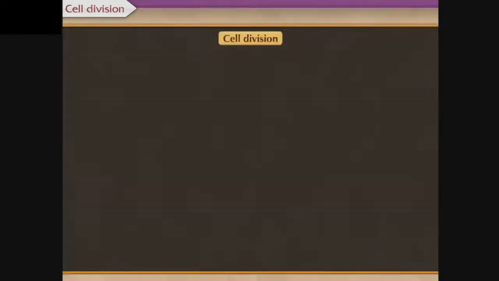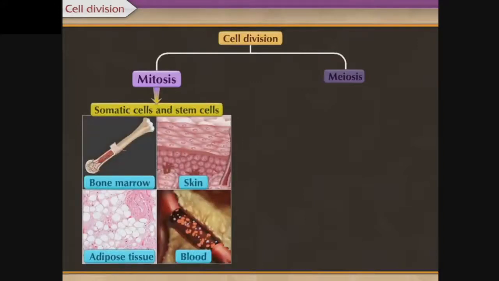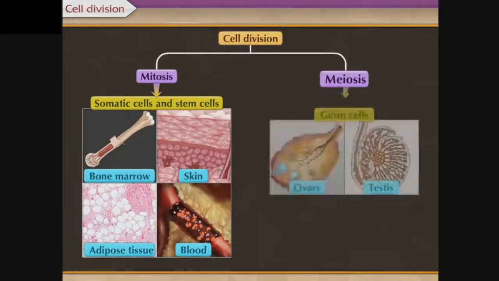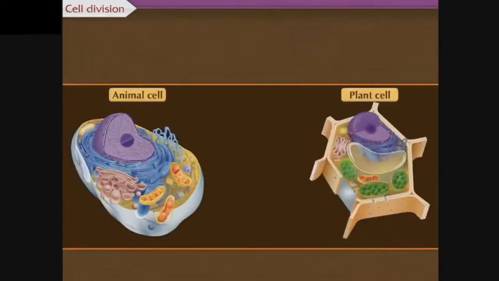Cell division is of two types: mitosis and meiosis. Mitosis occurs in somatic cells and stem cells of the body, whereas meiosis occurs in germ cells only. We have studied earlier about the structural organization of a cell.